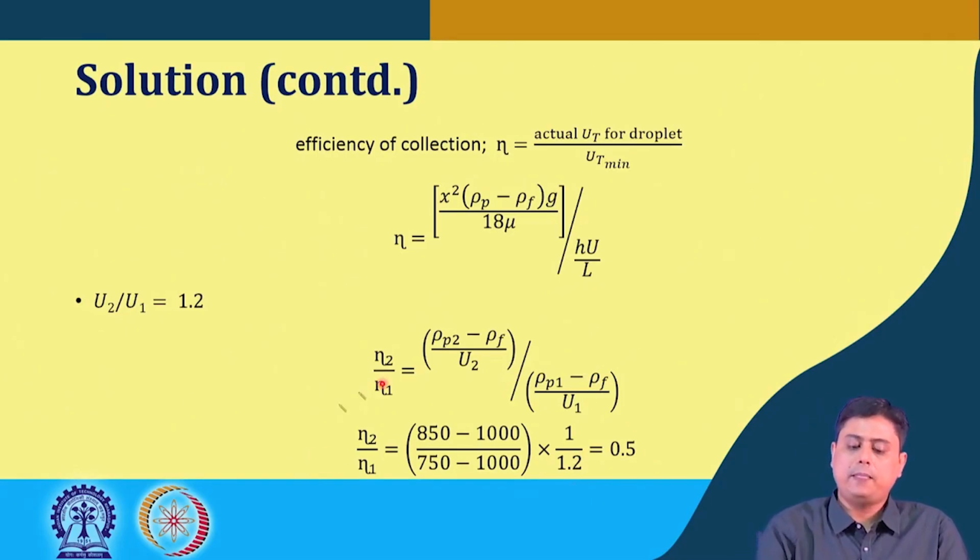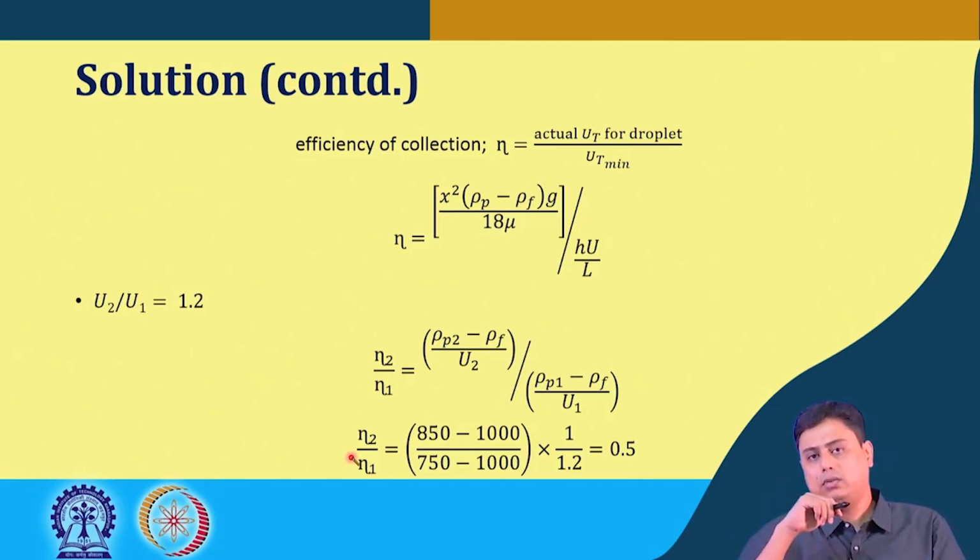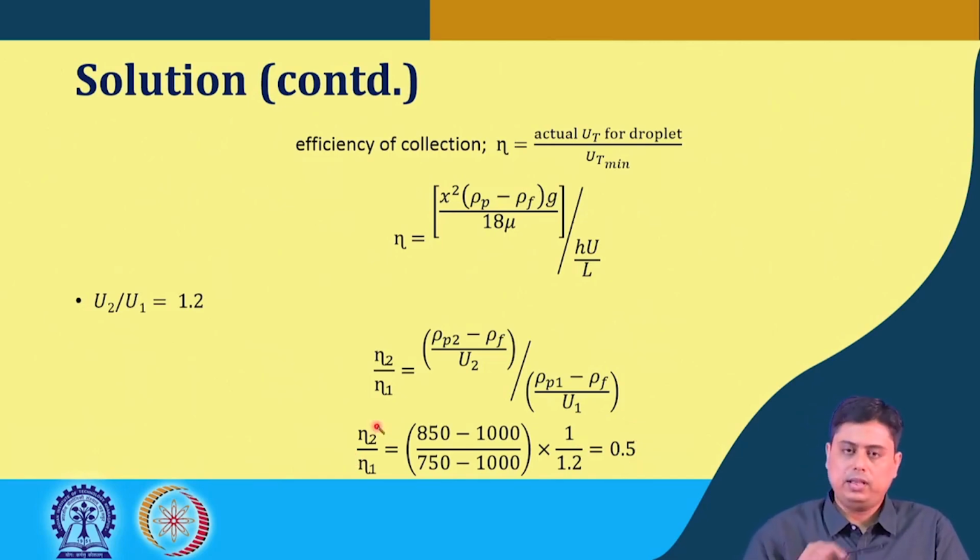So, effectively the efficiency at the modified state, when we increase the oil density as well as the water flow rate, the collection efficiency decreased by 50%. Efficiency at the modified state is equal to 0.5 multiplied by the efficiency at the original state.